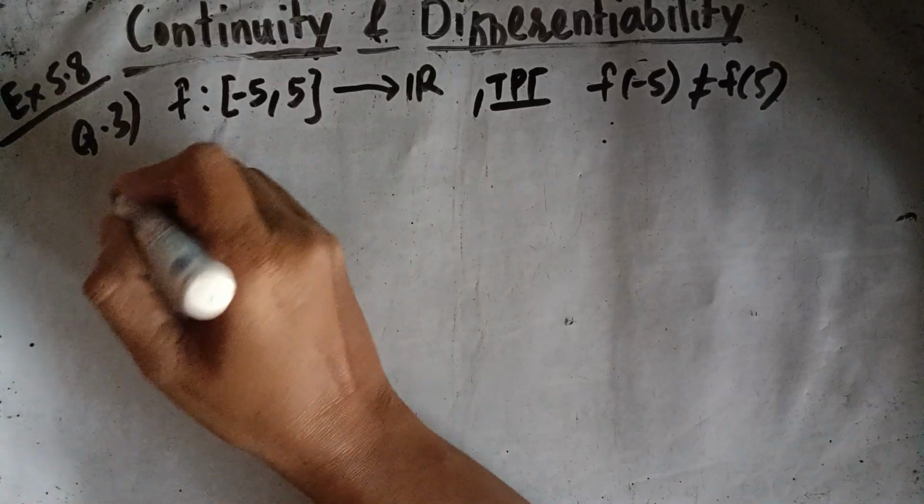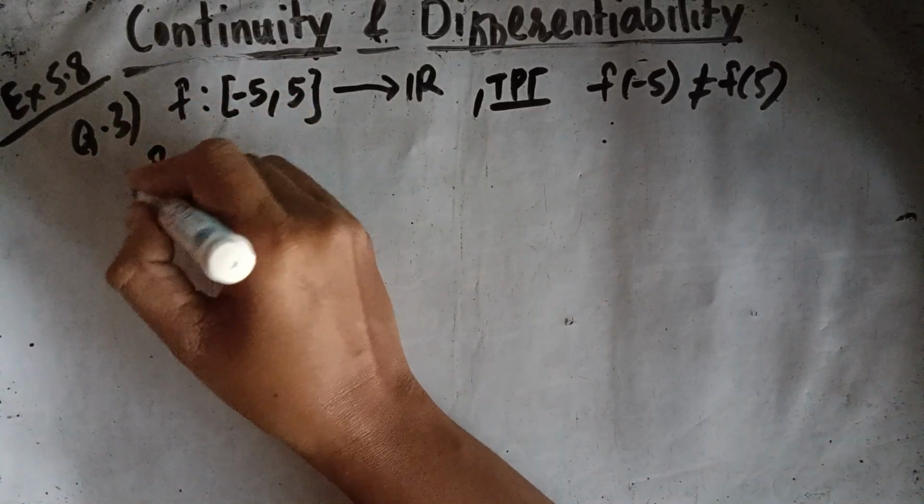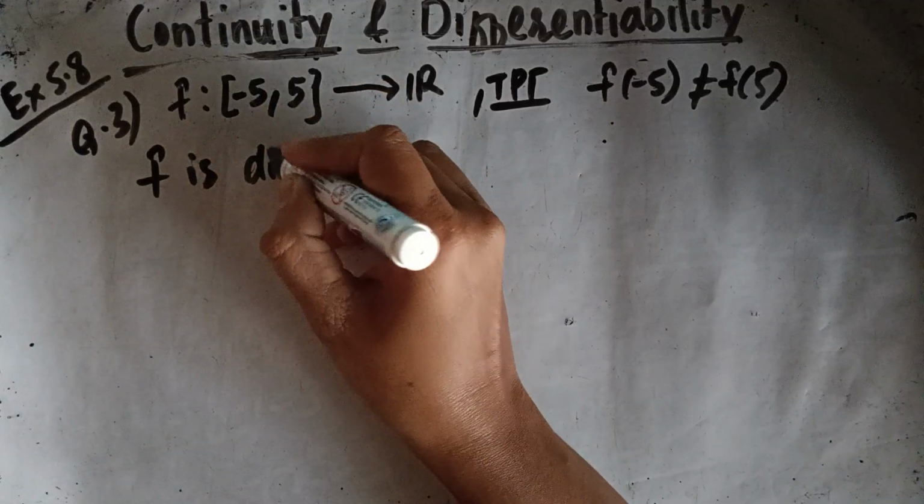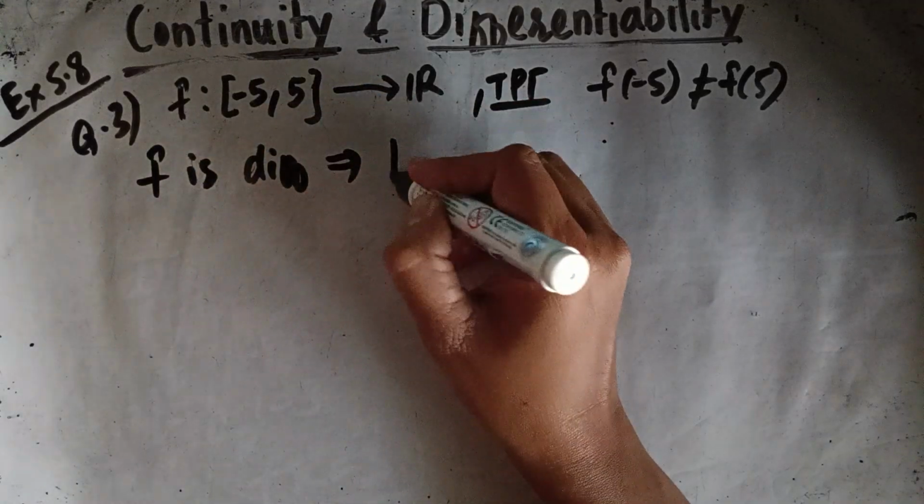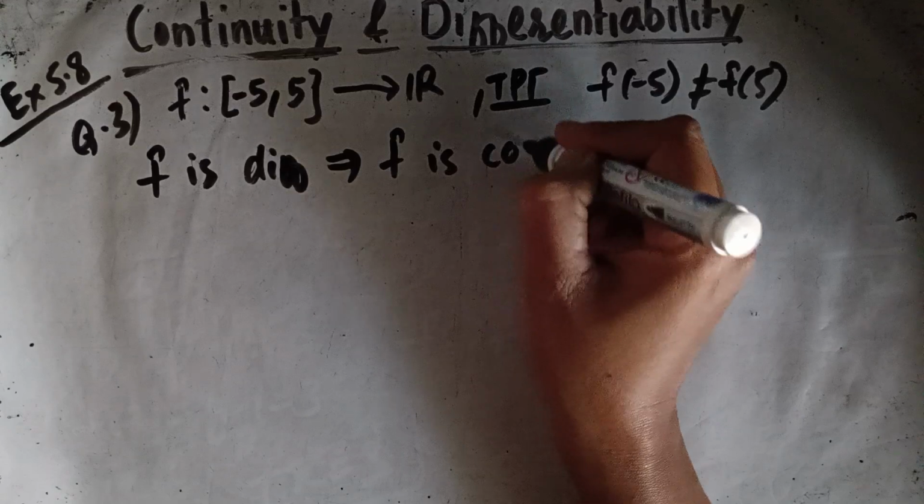So first we can say that f is differentiable implies f is continuous.